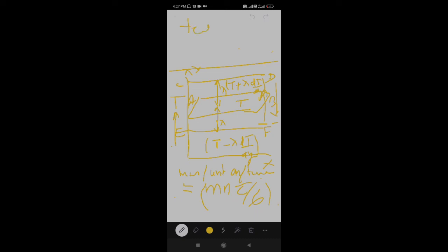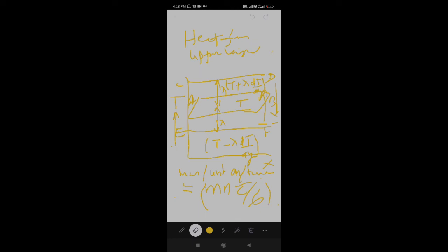Heat transfer from the upper layer. What is the temperature?